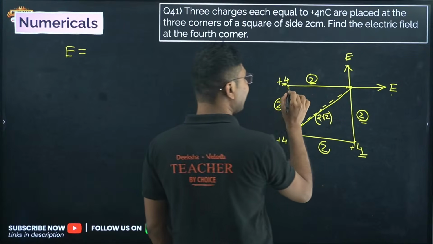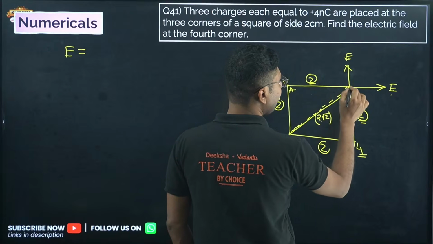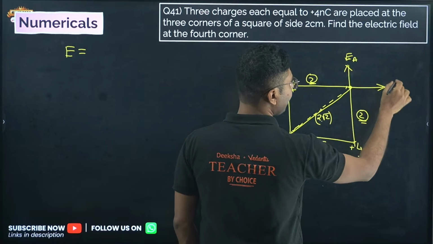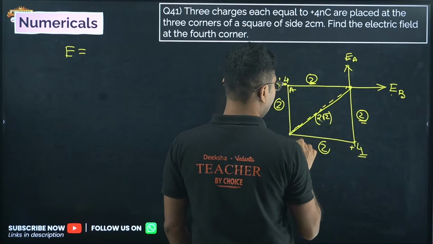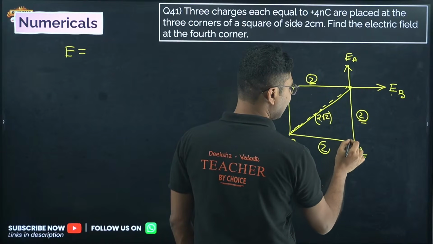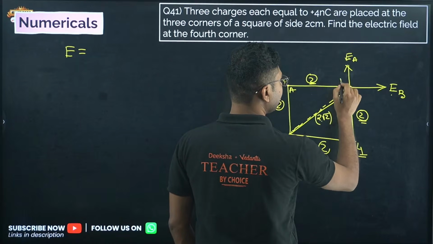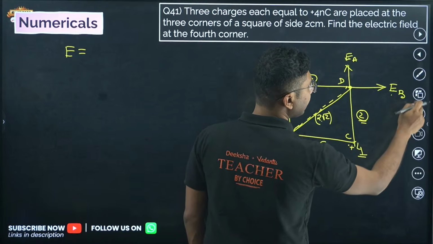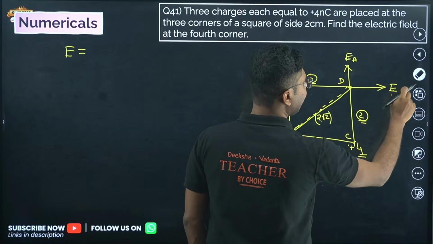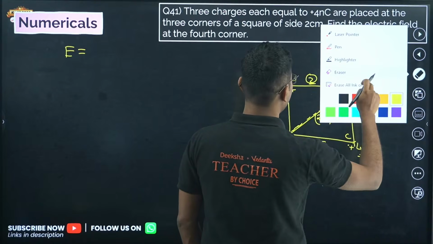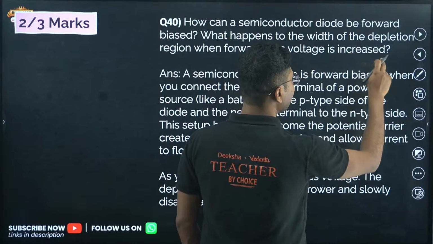Now how to write during the exam? You give them names A, B, C, D. So this will be not B, this will be C. EA and EC are same.